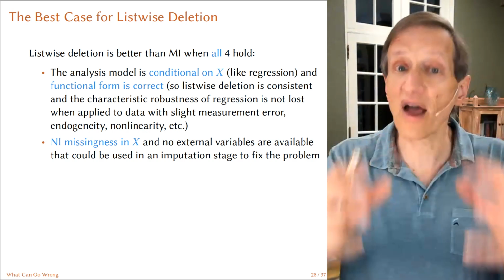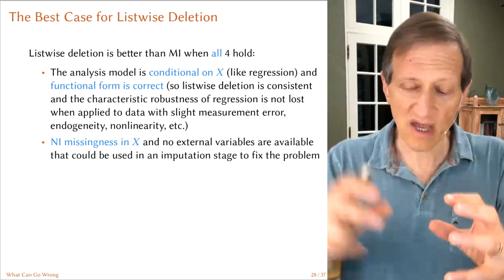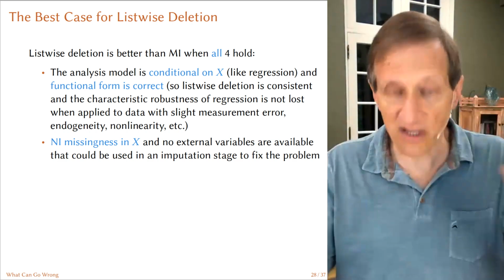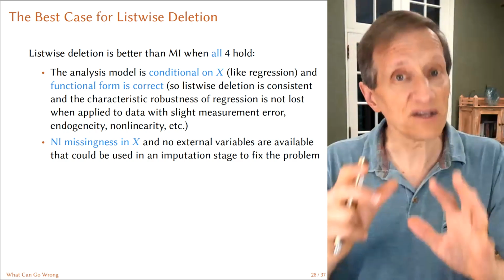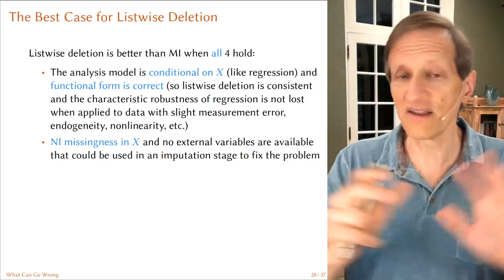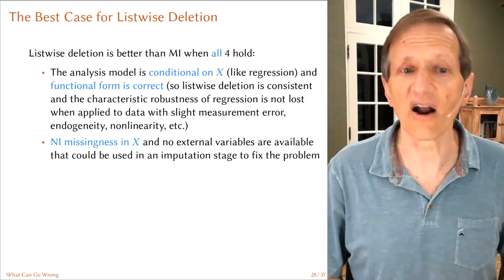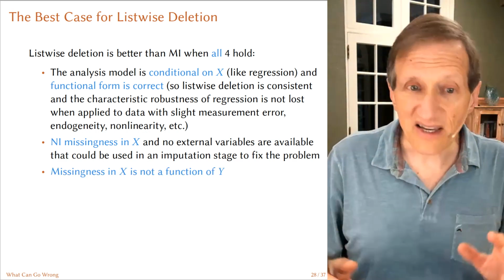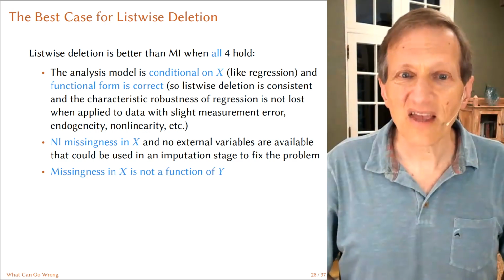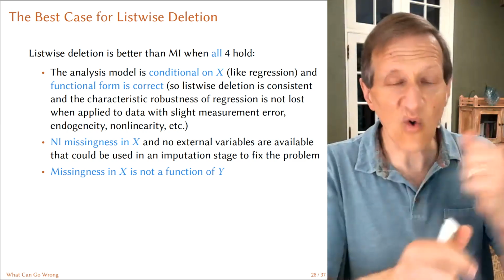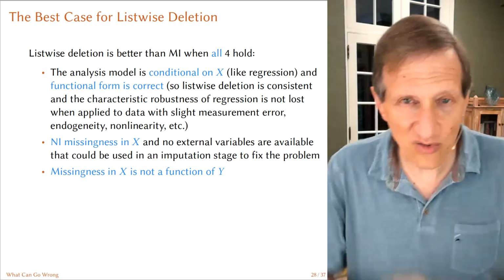Because remember, if you have non-ignorable missingness and you condition on some more variables, you can make it MAR. So in this case, I'm going to rule that out and say there's non-ignorable missingness in X, and there are no extra variables that you could find to make those MAR. And finally, missingness in X is not a function of Y, so you can't use the information in Y to impute X.